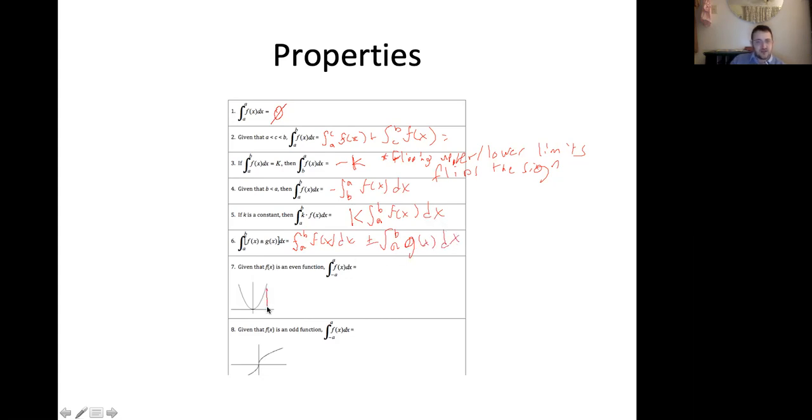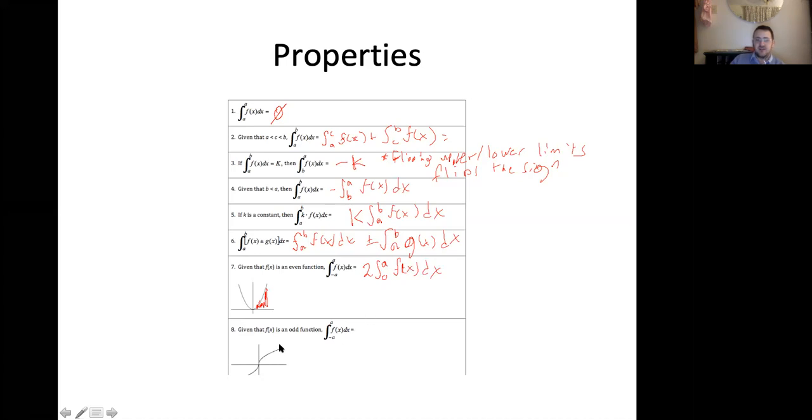If we have an even function, one of the things that you can do just to make life easier is that this is the same thing as 2 times the integral from 0 to a. So it's symmetrical here, so you want to use symmetry. And then you would have f of x dx.